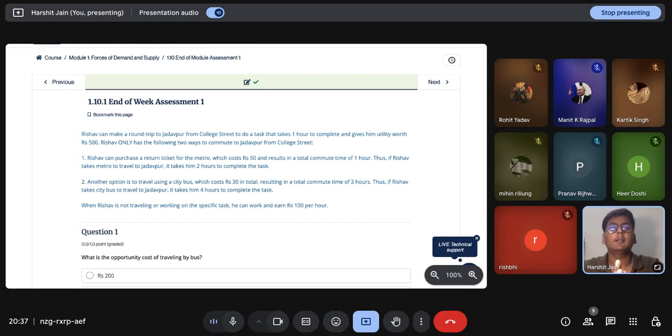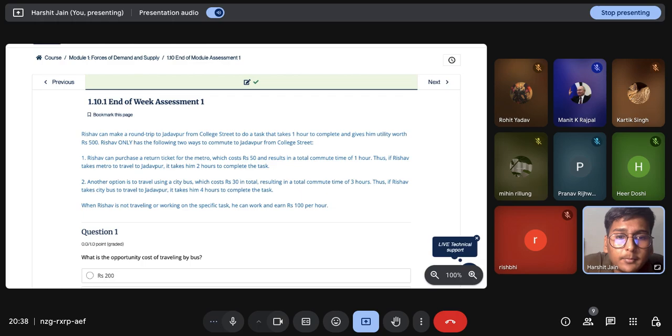Rishabh can make a round trip to Jadavpur from College Street to do a task that takes 1 hour to complete and gives him utility worth rupees 500. Rishabh only has two ways to commute. First, he can purchase a return ticket for the metro, which costs rupees 50 and results in a total commute time of 1 hour.